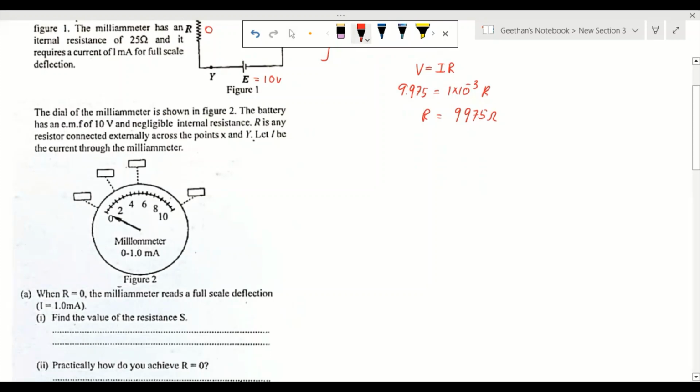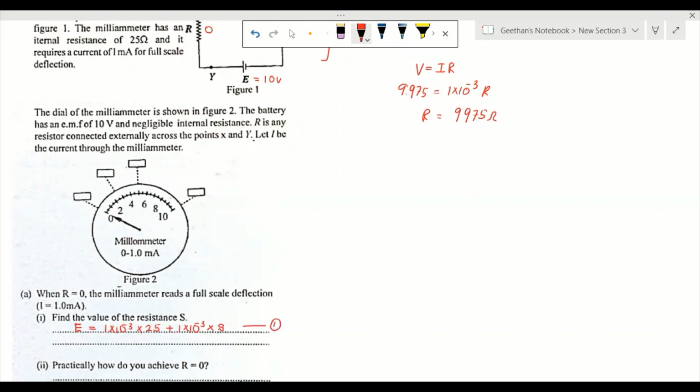So you can say E is equal to 1 into 10 to the power minus 3 into 25 plus 1 into 10 to the power minus 3 into the resistance of S. I'll write that as S. For this you'll be getting 1 mark.